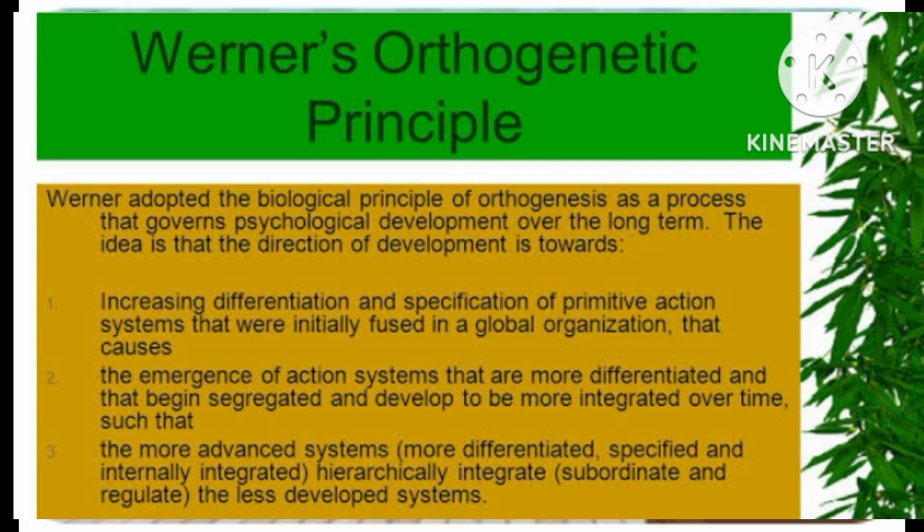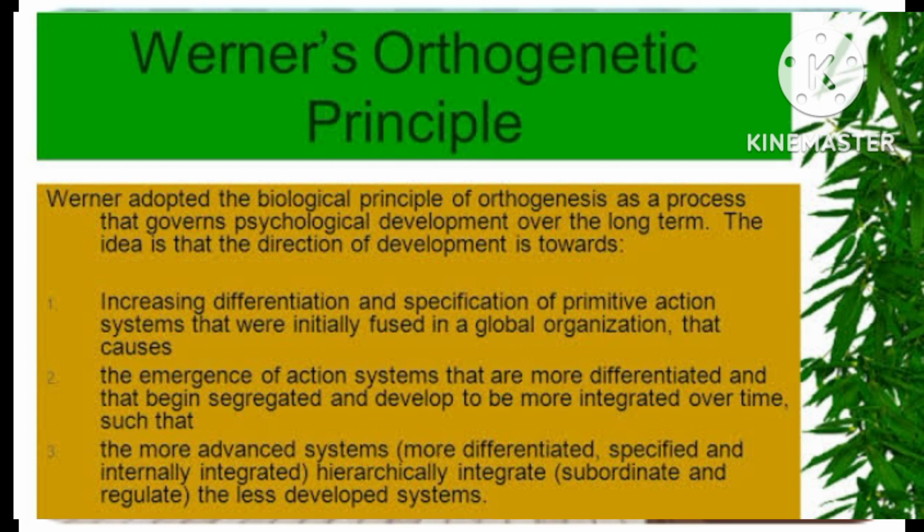The last is Werner's orthogenetic principle. Werner adopted the biological principle of orthogenesis as a process that governs psychological development over the long term. The idea is that the direction of development is towards: number 1, increasing differentiation and specification of primitive action systems that were initially fused in a global organization.